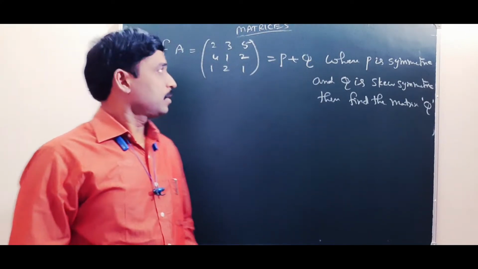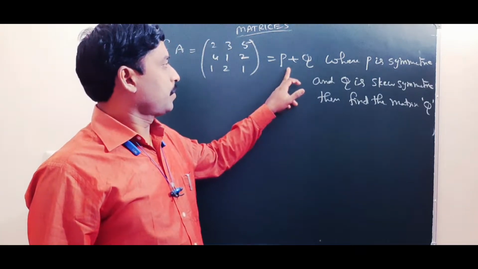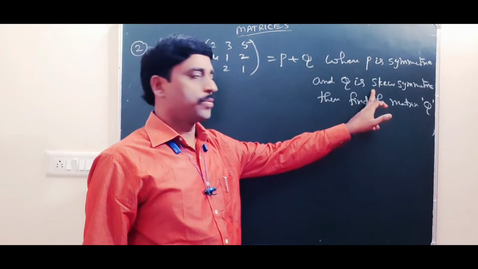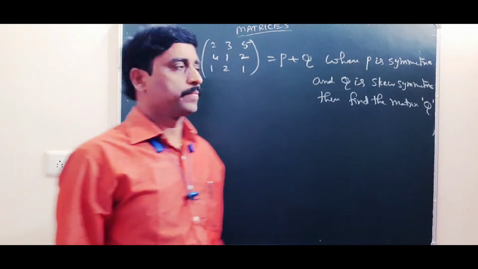Okay, moving to the next question. A 3 by 3 matrix is given equal to P plus Q, where P is symmetric and Q is skew symmetric, then we have to find the skew symmetric matrix.